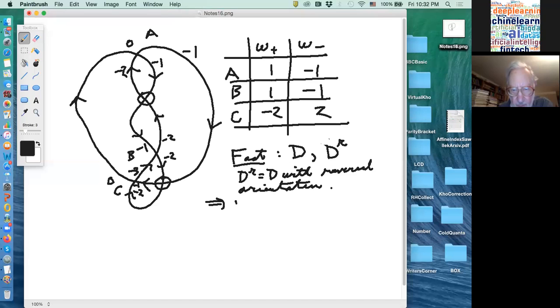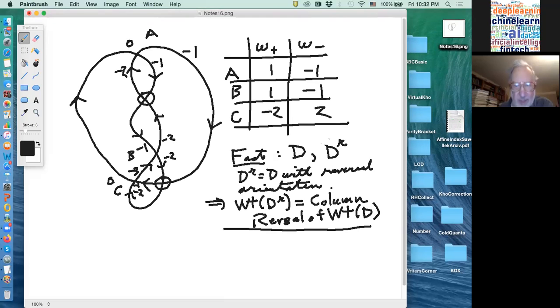Then the weight chart of d reversed is equal to the column reversal of the weight chart of d.